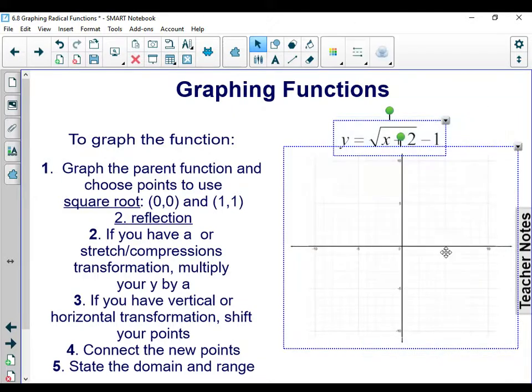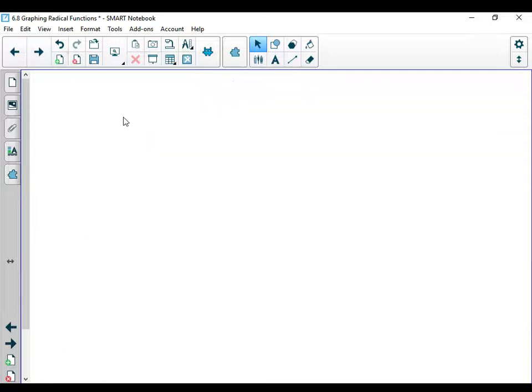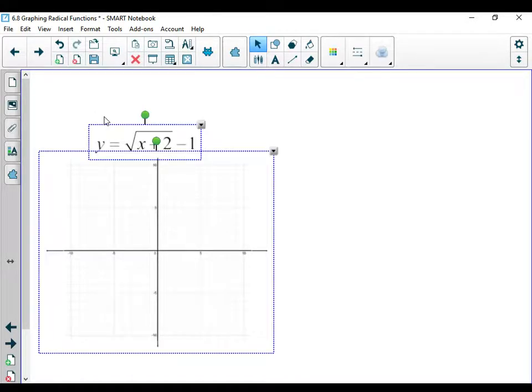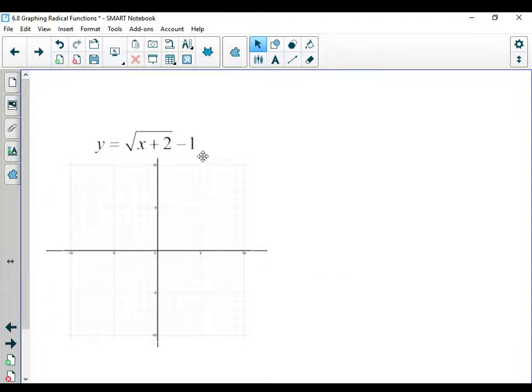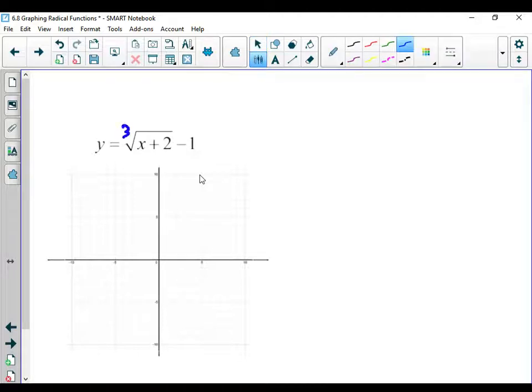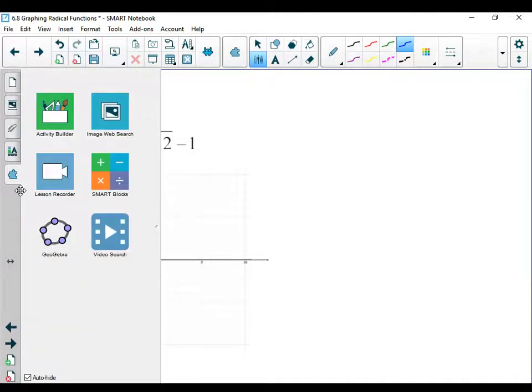Let's try this one. But I want to do the cubed root, just so we can see one as an example.